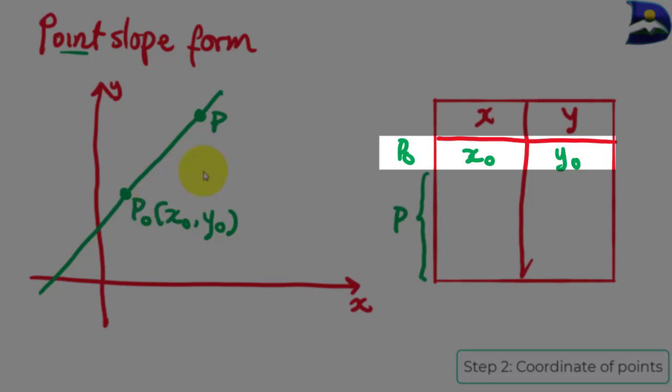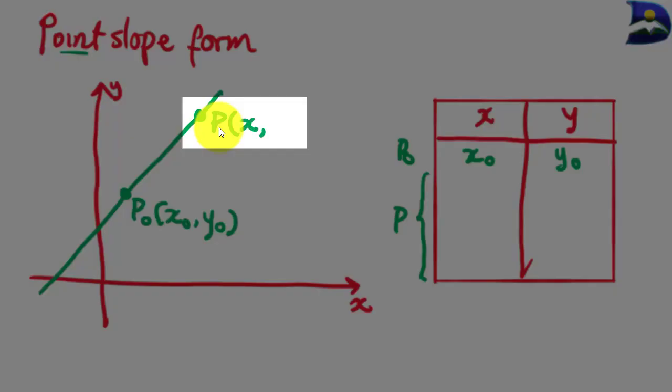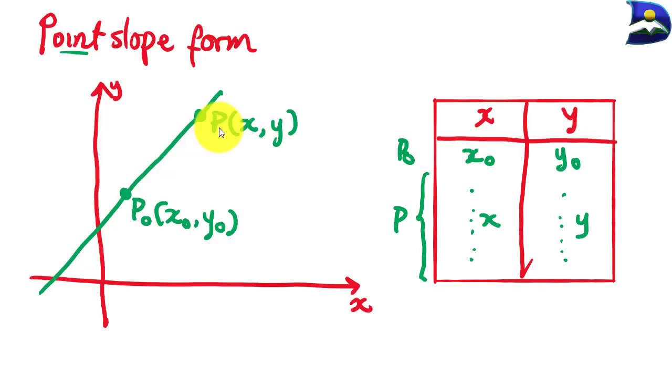Any other point that comes after or before x naught, y naught will be addressed as your p. In this case we're just going to go with x and y, any one here and its corresponding y.